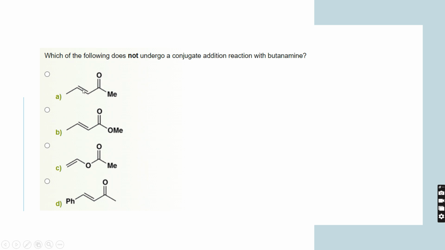You can shift this double bond here, and show arrow pushing of the carbon oxygen double bond towards the more electronegative oxygen. So you will get an enolate with O minus here and the double bond here, and thus this particular fourth position is electron deficient because of electron pulling via the carbon oxygen double bond. So option A will give you conjugate addition. There is no issue here, right?